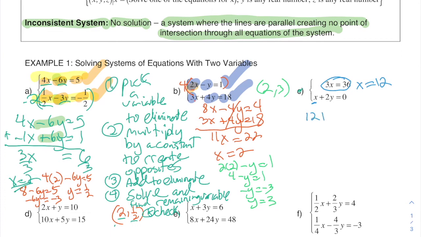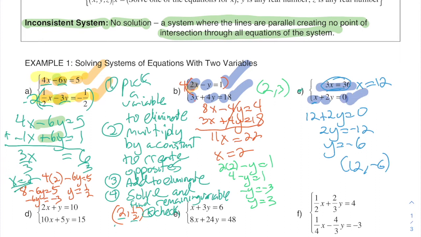So this is 12 plus 2y is equal to 0, 2y is equal to negative 12, y is equal to negative 6, and then write our answer, (12, negative 6), and then check it. Well, the first one, 12, I already knew that from here, so I don't have to check that. But over here, 12 plus 2 times negative 6, that's 12 minus 12, is equal to 0. So that works.